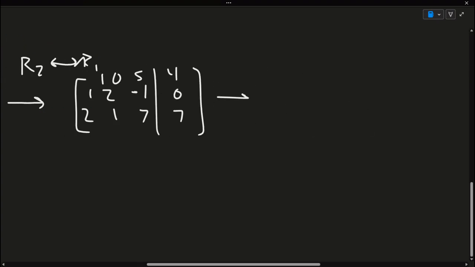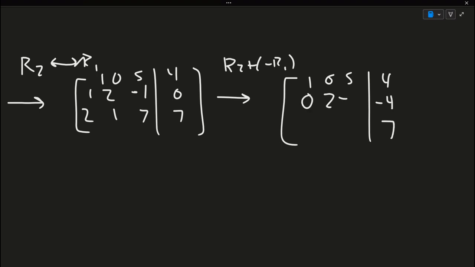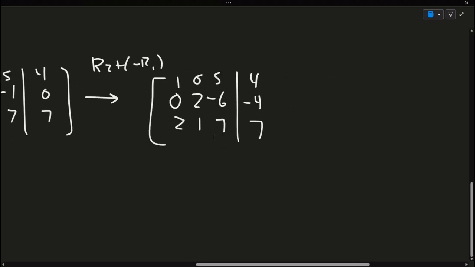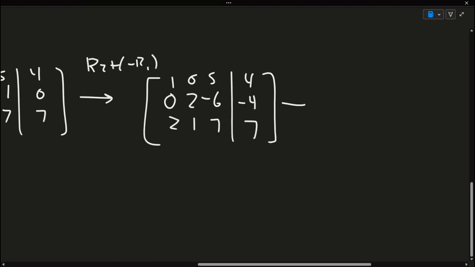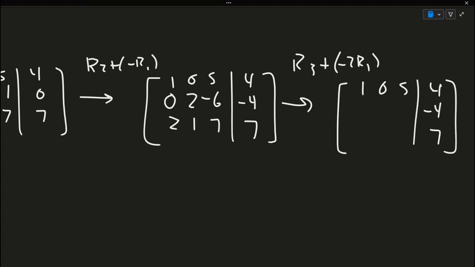So to get rid of the 1 in the second row, we add row 2 plus negative row 1, which gives us this matrix. Then we need to get rid of the 2 in the third row. So we add R3 plus negative 2 times R1.